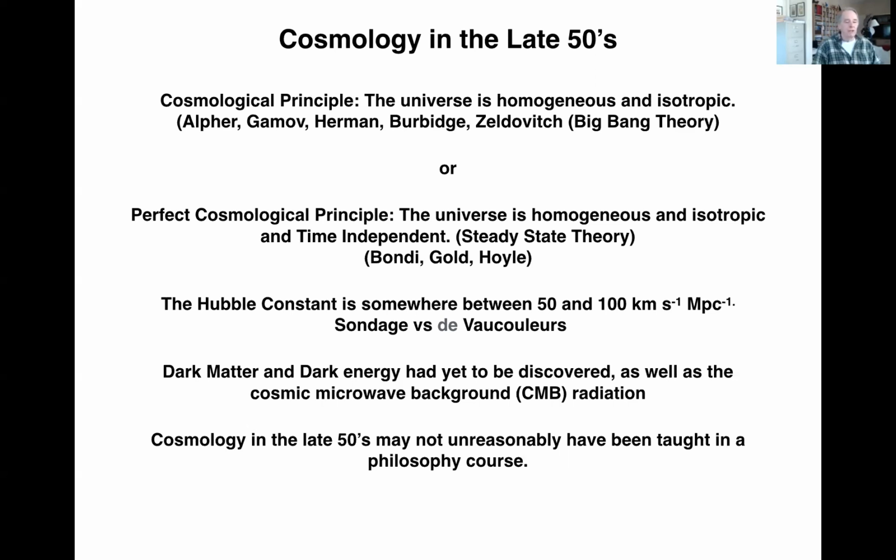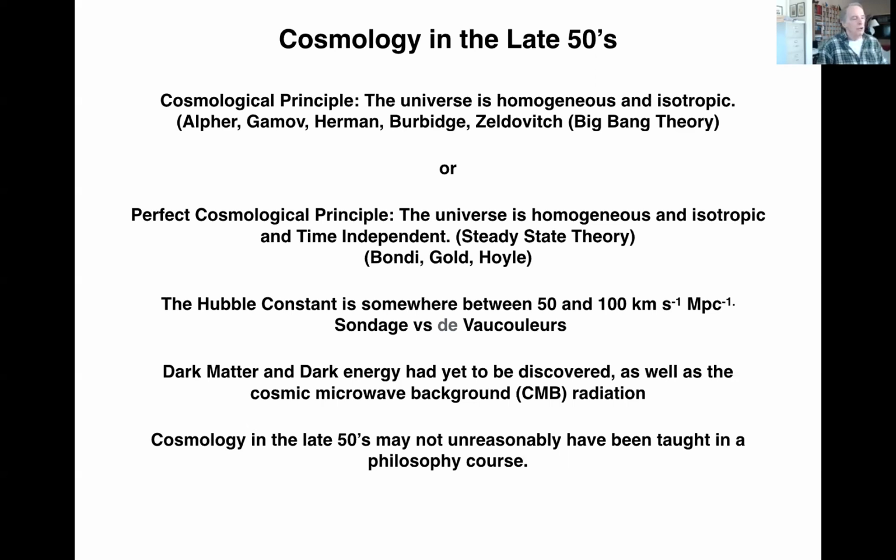Helium is much too abundant, about 25% by mass in the universe, and you can't manufacture that in stars. So they looked at the possibility of manufacturing it in early stages of the Big Bang. But they were mainly interested in stellar processes.